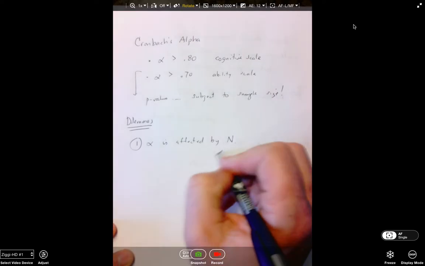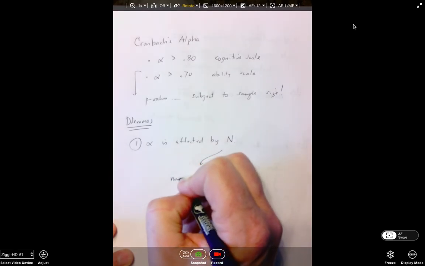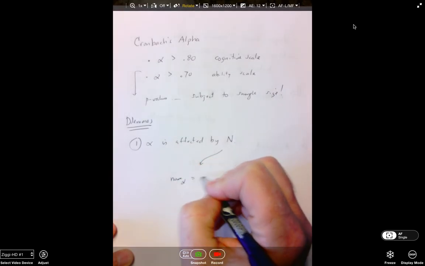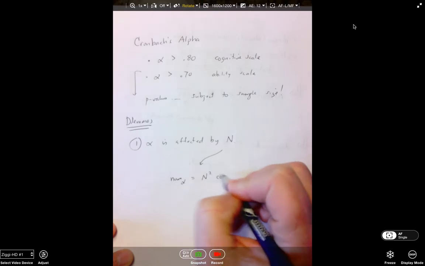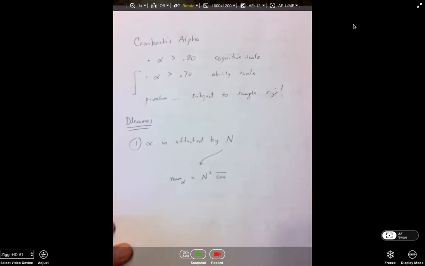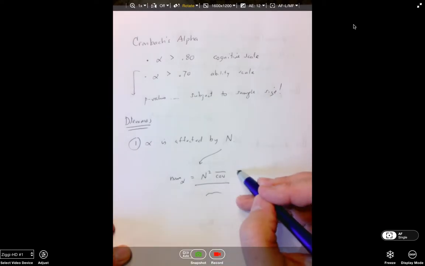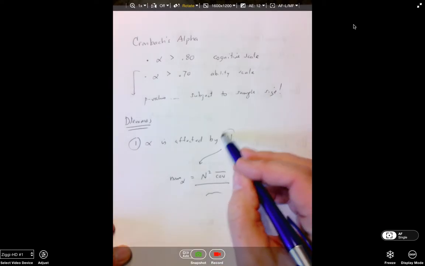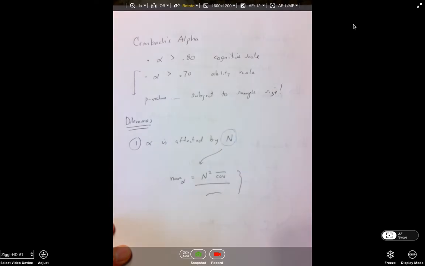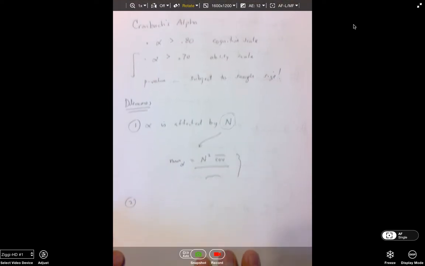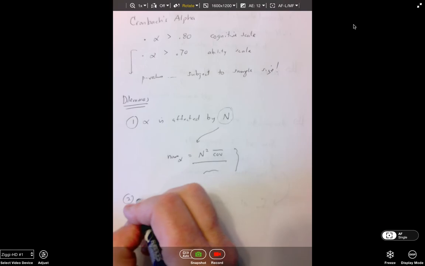So, guys, if you think about the numerator of alpha, where it's n squared times the mean of the covariance, and again over stuff, so we have a fraction here. If we keep everything else constant and have a larger number of items, then we're going to artificially inflate alpha. That's going to come up in our example that I'm going to show you in R in just a second.